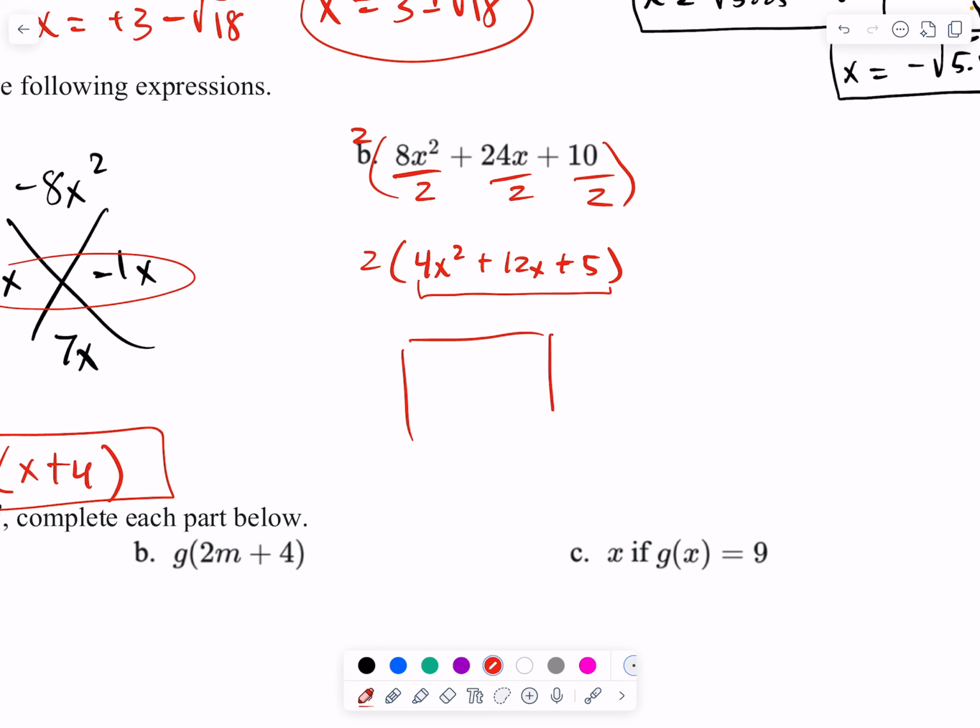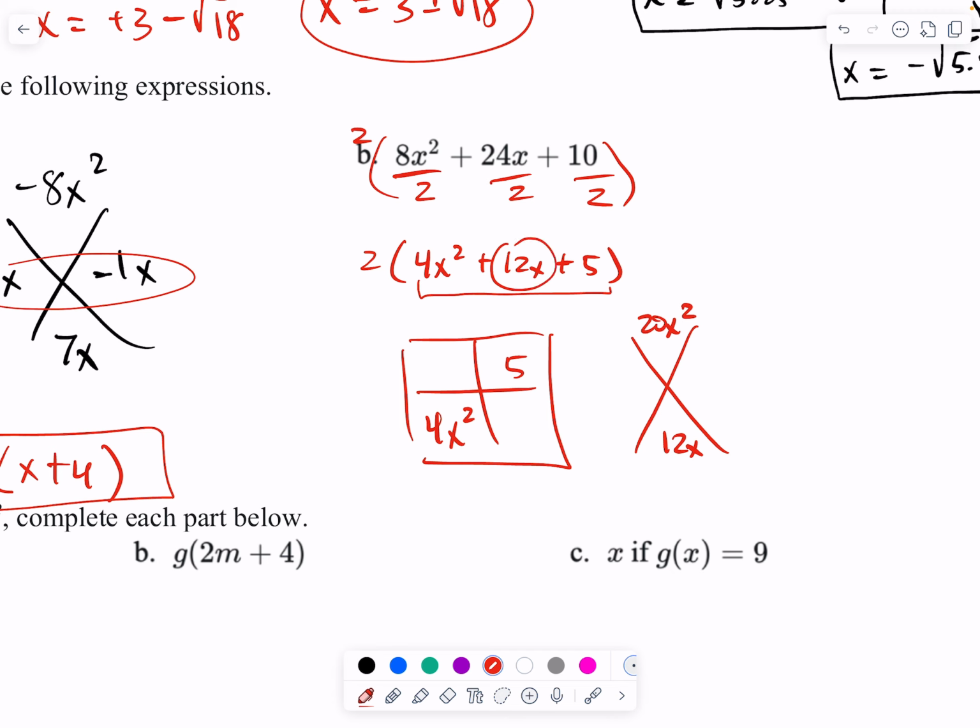So here we go. I'm going to do 4x squared in the lower box, 5 here. I'm going to take the product of those two, which is 20x squared, and on the bottom I'm going to copy the 12x that was from here. And I need two numbers that multiply to 20x squared and add to 12x.